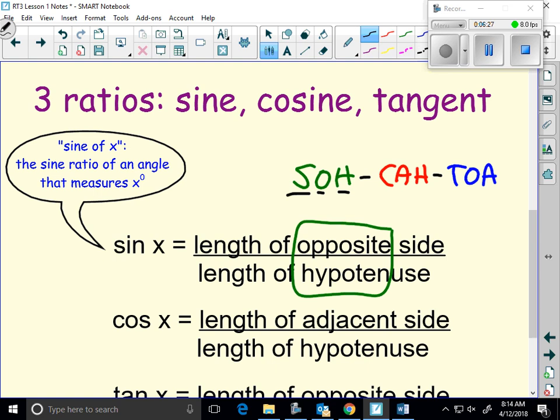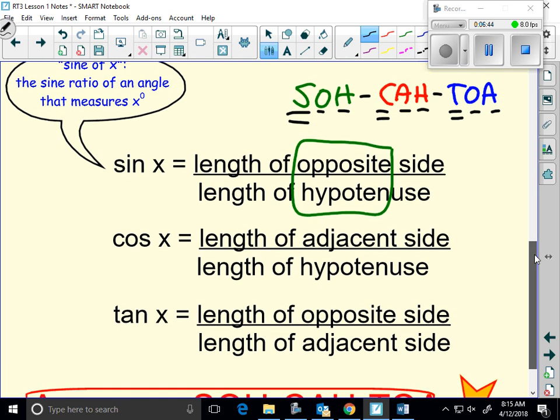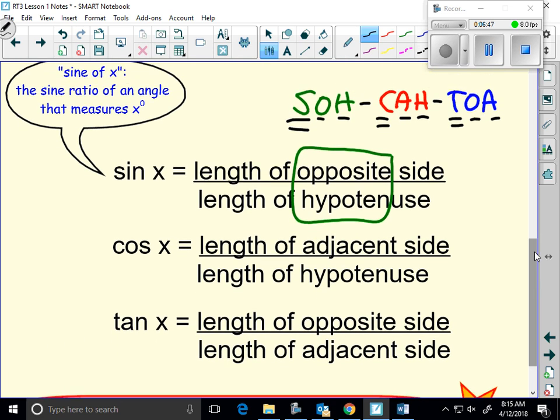No. So sine is opposite over hypotenuse. Cosine is adjacent over hypotenuse. And tangent, opposite over adjacent. O is not hypotenuse. O is opposite. H is hypotenuse. A is adjacent.